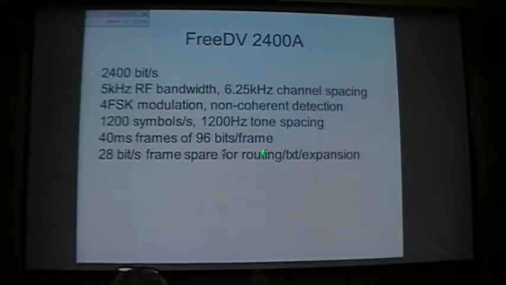Okay, so a little bit about the 2400A waveform. 2400 bits per second, about 5 kilohertz of RF bandwidth, which means it would fit in 6.25 kilohertz channel spacing, which is kind of what industry is driving on for VHF two-way radio. It uses 4 FSK modulation, so frequency shift keying with 4 separate tone frequencies.